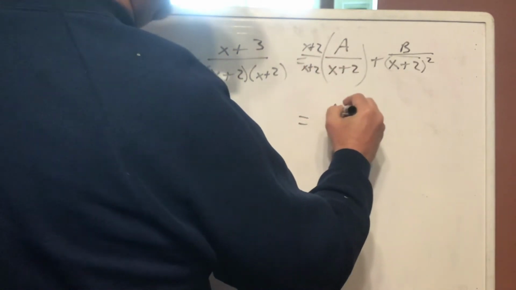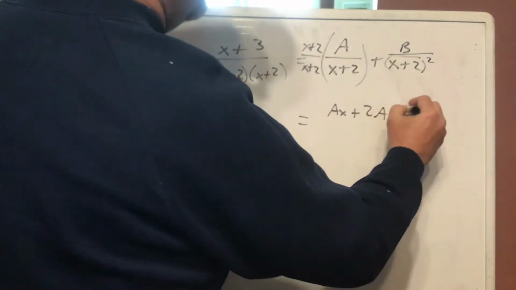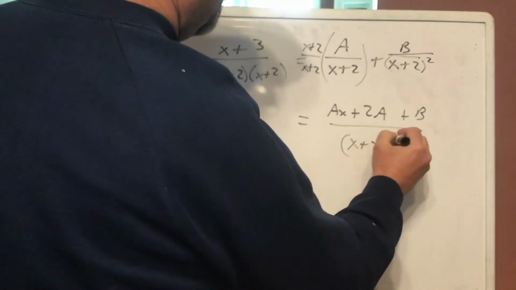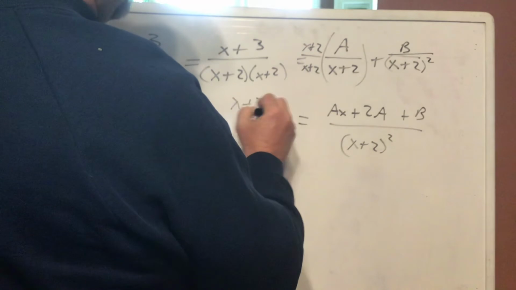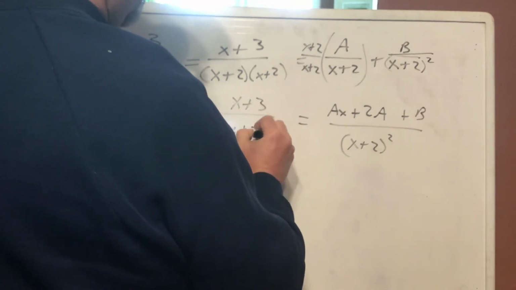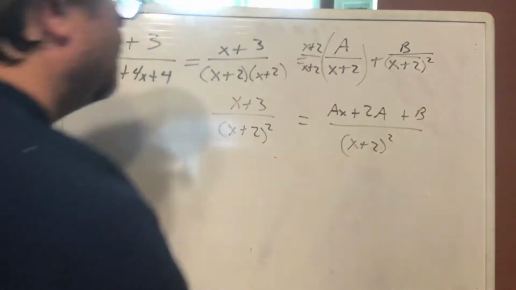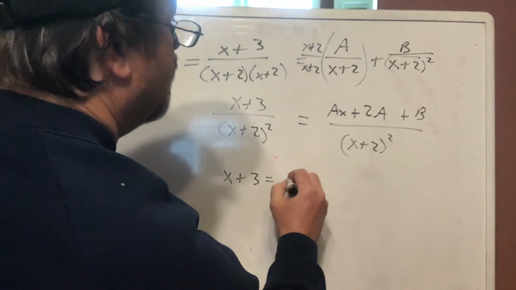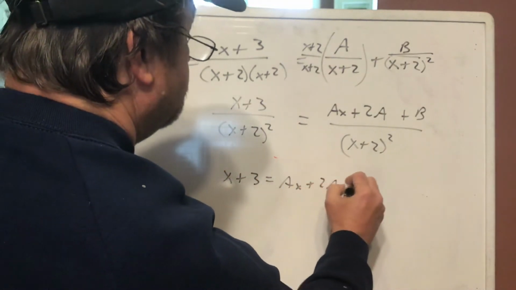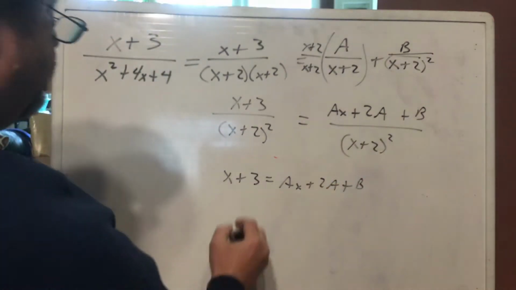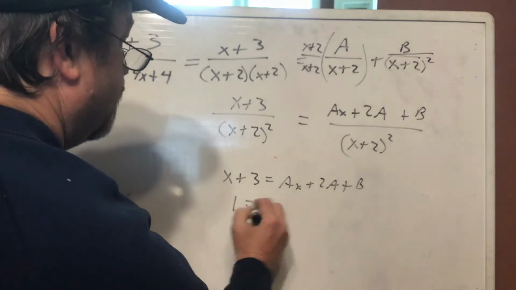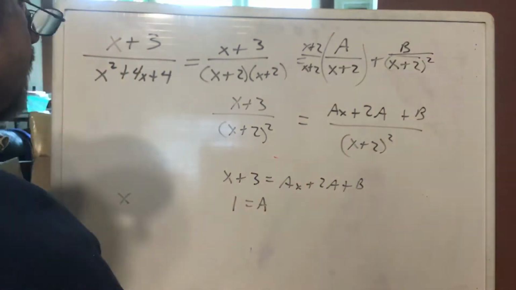This becomes ax plus 2a plus b all over x plus 2 squared, and that's equal to x plus 3 over x plus 2 squared. And from that, x plus 3 equals ax plus 2a plus b. The coefficient of x is 1, the coefficient of x is a, tells us that a is 1.